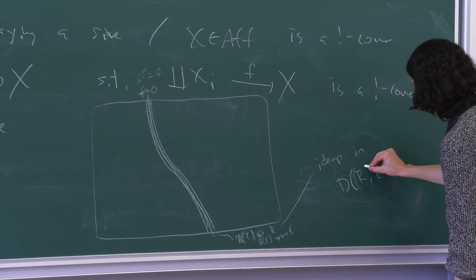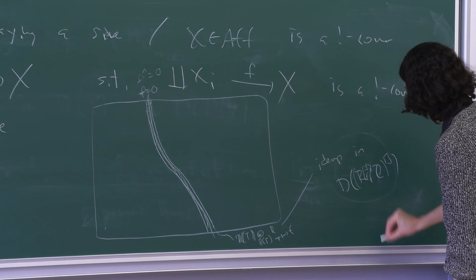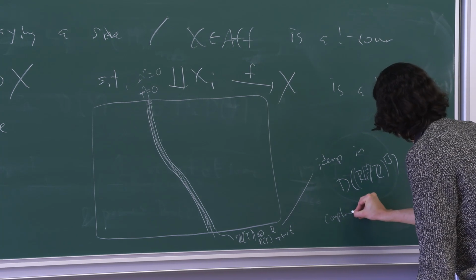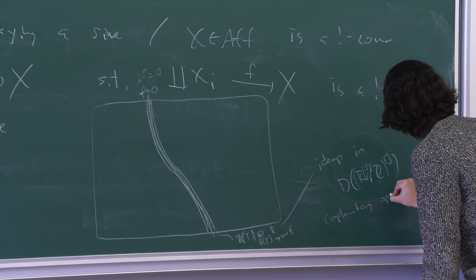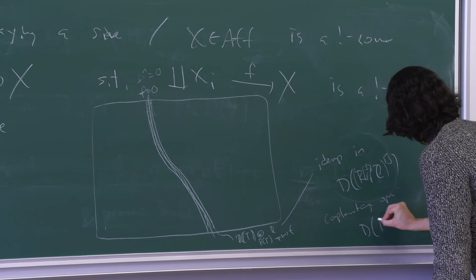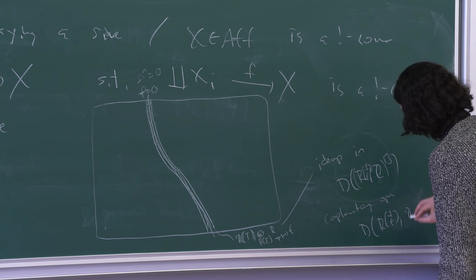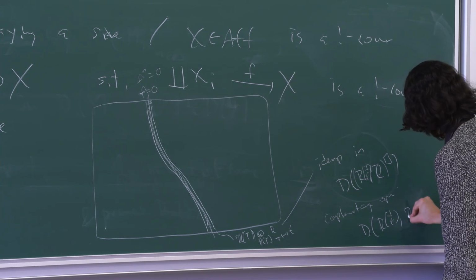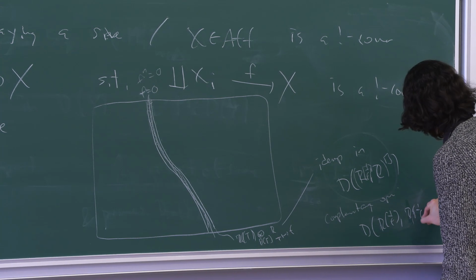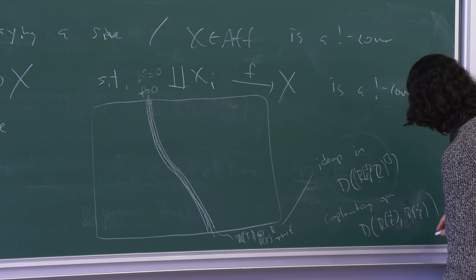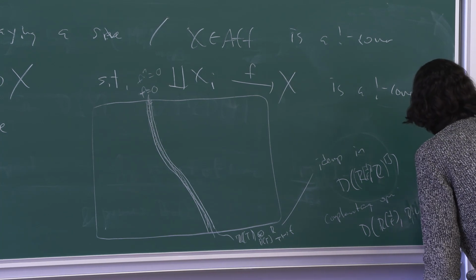Well, in fact, it's in D of R 1 over F Z solid, and the complementary open is like D of R 1 over F, Z adjoined 1 over F, whatever. Z union 1 over F.